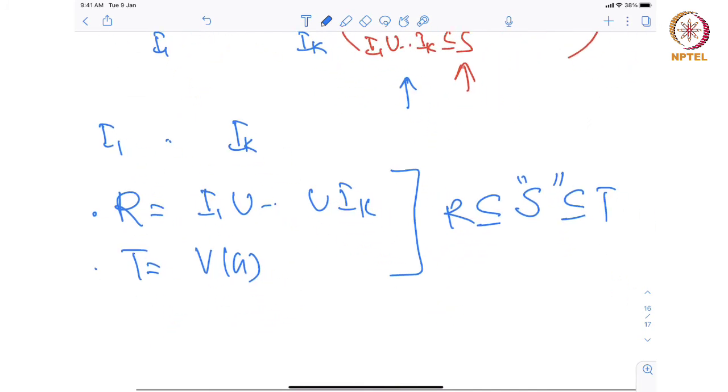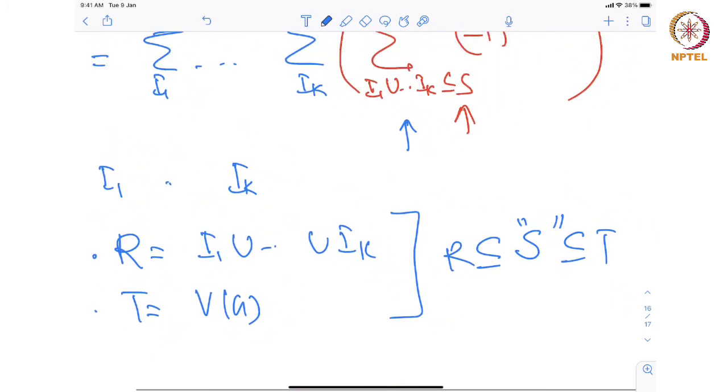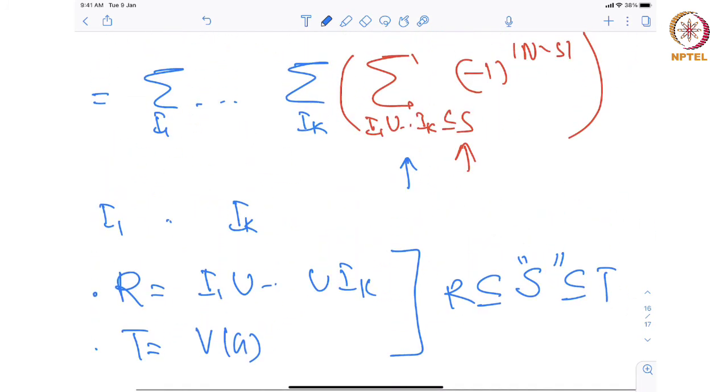Now we know that you fix I1 to Ik, then their summation is for all S that contains this.